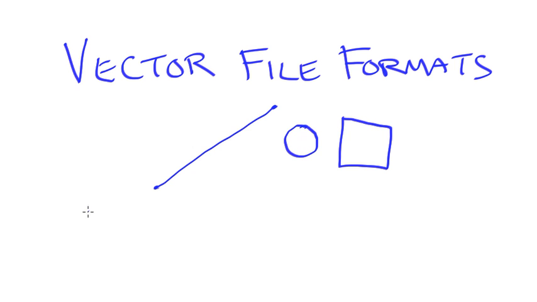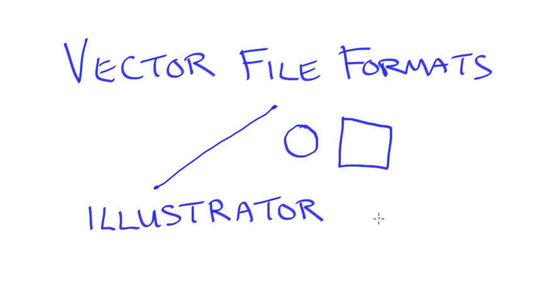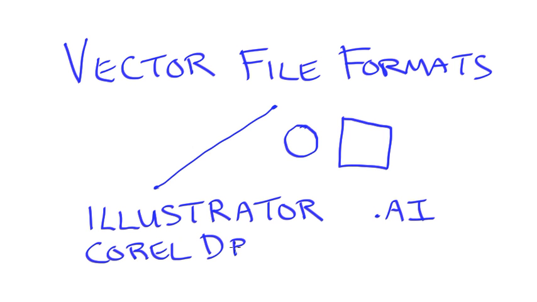A program that's commonly used to create vector types of images is Adobe Illustrator, and it has a .ai extension. Another similar product is CorelDRAW, which has a .cdr extension. Some of the vector applications are considered to be 2D, like Illustrator and CorelDRAW.